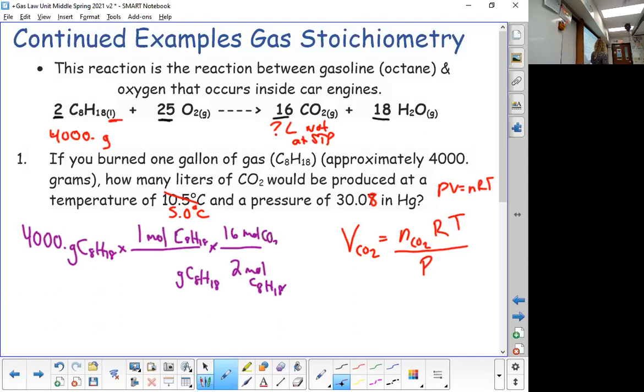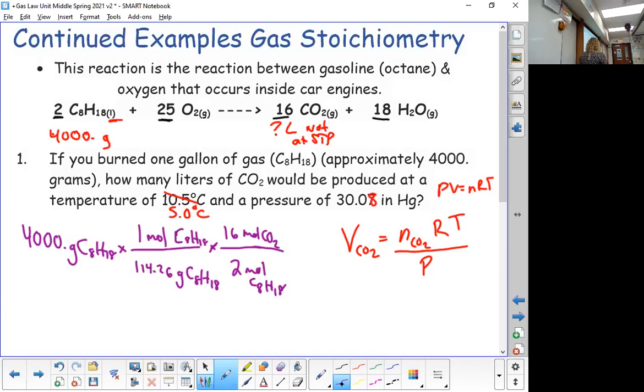Yes, it is an 8-to-1 ratio, but I'm just putting the coefficients from the balanced chemical equation. I get 114.26 for the molar mass there.